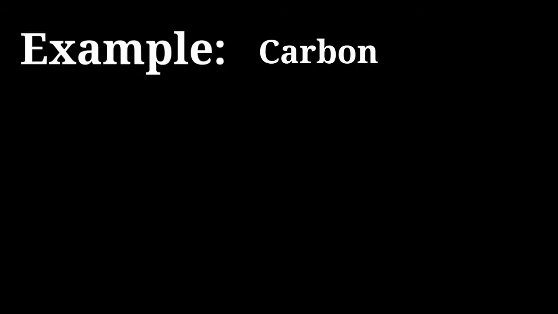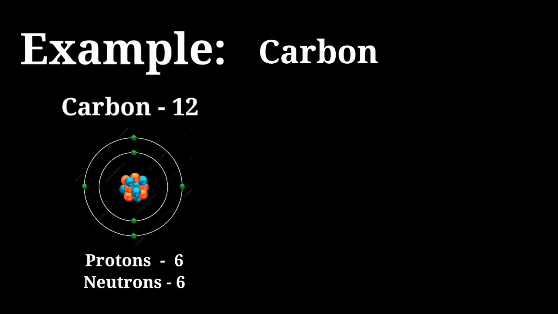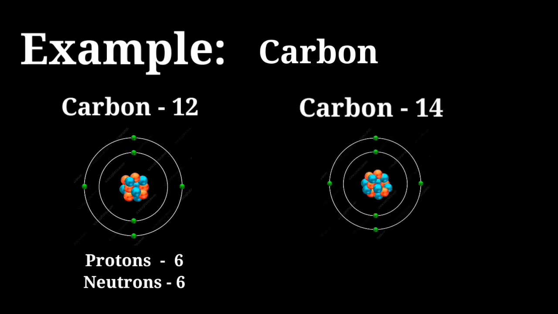Take a look at another one, let's say carbon. We know carbon always has 6 protons. Sometimes it will have 6 neutrons also. But carbon has another isotope in which it has 8 neutrons. It's still carbon, just a different variety or isotope of carbon.